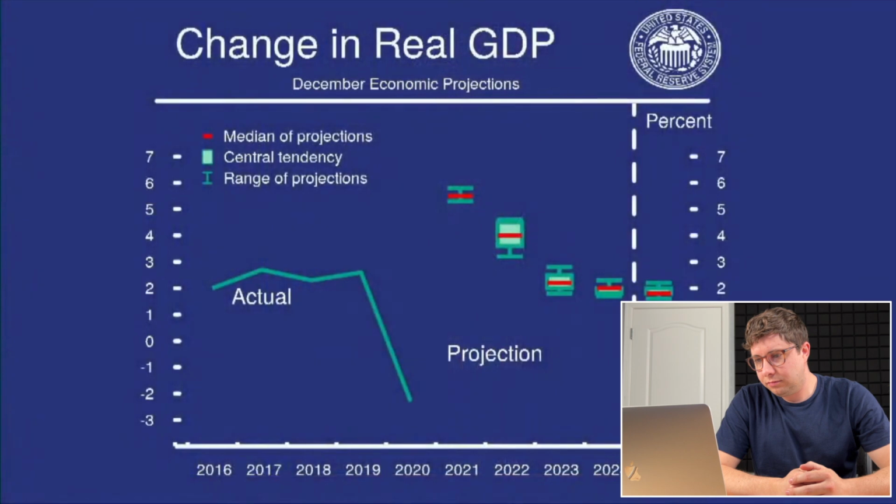Notwithstanding the effects of the virus and supply constraints, FOMC participants continue to foresee rapid growth. As shown in our summary of economic projections, the median projection for real GDP growth stands at 5.5% this year and 4% next year.